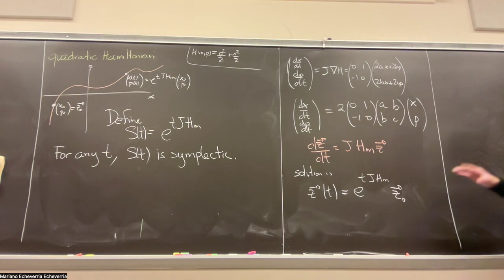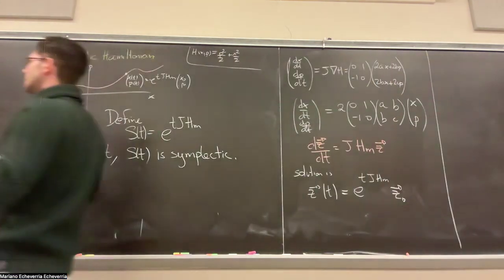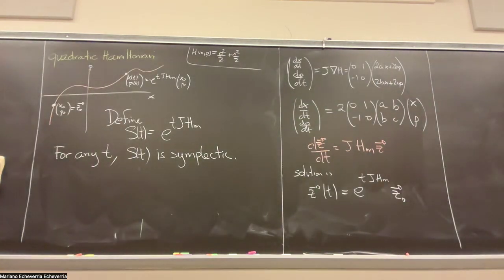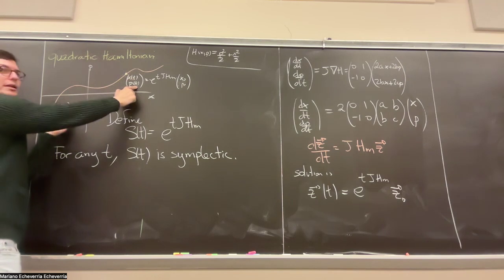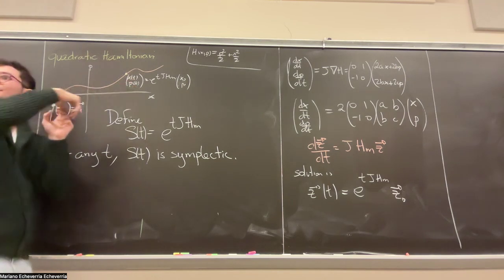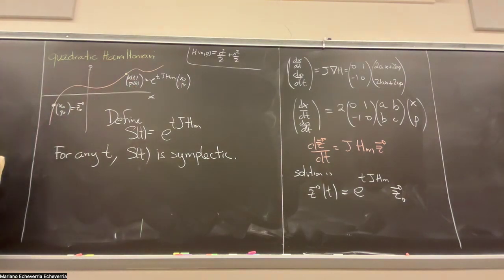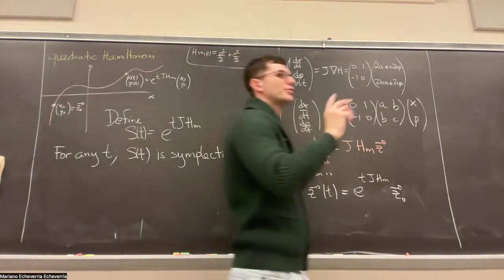So the way we thought about symplectic matrices is that they transform old coordinates into new coordinates where the equations look the same. But what this is saying is that also, the matrix that relates the vector at time t with the vector at time zero is also symplectic. Okay, so symplectic matrices kind of have two different roles.